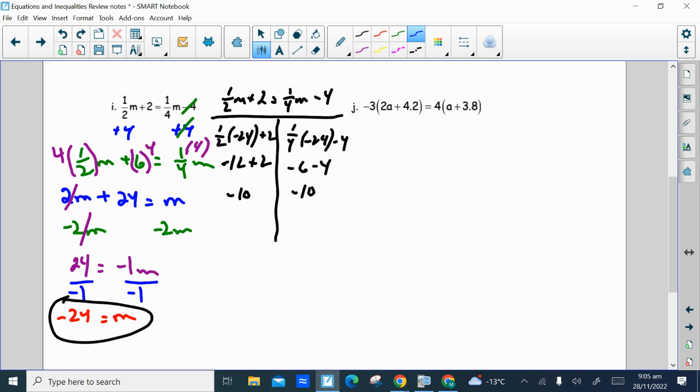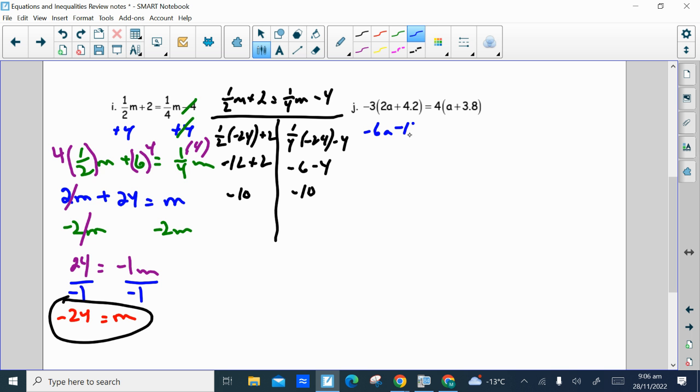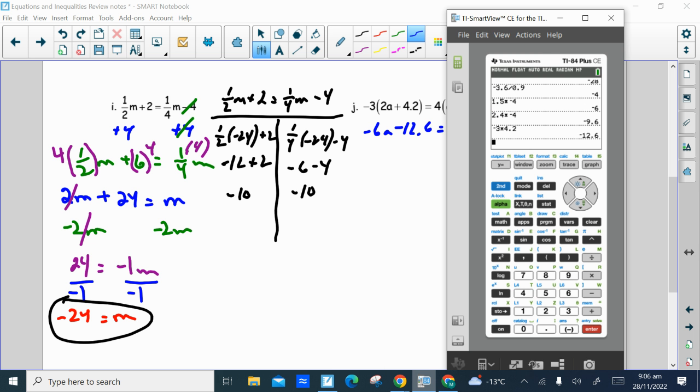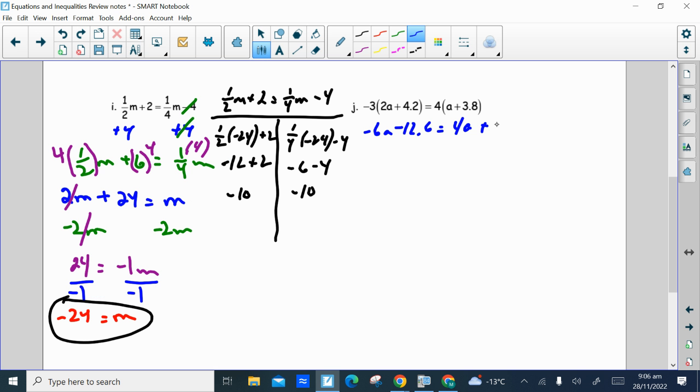Question J, multiply out the brackets. You'll get negative 6a and negative 3 times 4.2 should be negative 12.6, but let's check that. Negative 3 times 4.2, yeah, negative 12.6. On the right, when you multiply out the brackets, it's 4 times a, and then 4 times 3.8 is positive 15.2.